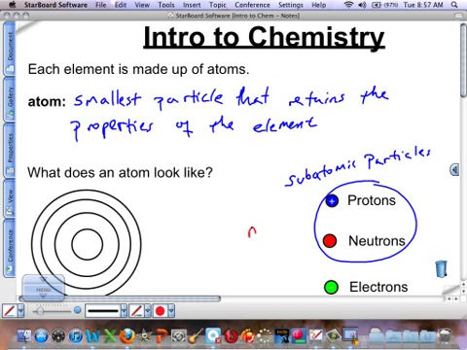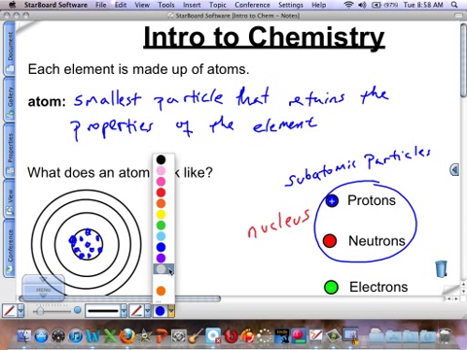Those are found in our nucleus, and they're just kind of jumbled in there all together. We have a bunch of protons all scattered throughout my nucleus, and then in the open spaces, I fill that in with all my neutrons.